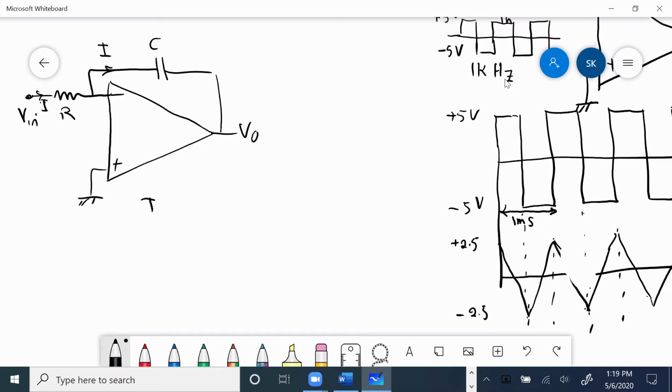And I is V in over R. And V out is equal to minus I times the voltage. I mean, the voltage we are measuring is the voltage across this C.